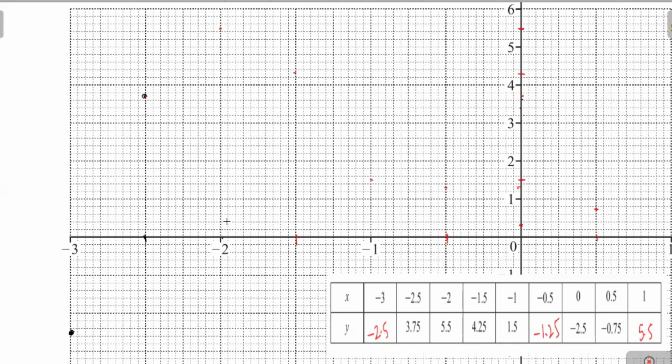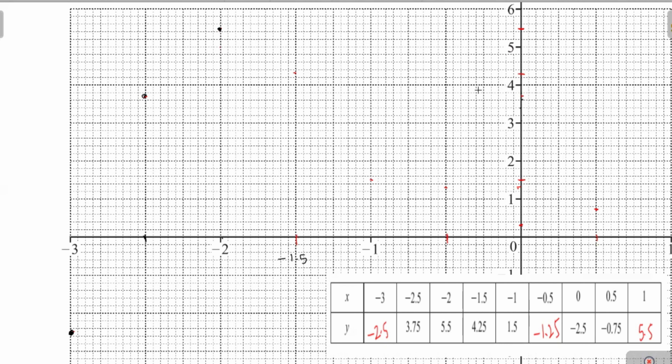Next is the point minus 2, 5.5. This is minus 2, and this is the middle of 5 and 6. And this position will be minus 2, 5.5. Next is minus 1.5, and the value of y is 4.25.